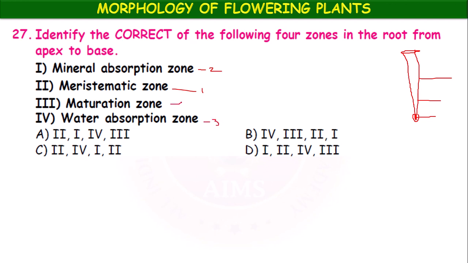Next, maturation zone. So here 2, 1, 4, 3. Meristematic zone followed by mineral absorption zone followed by water absorption zone followed by maturation zone from apex to base.